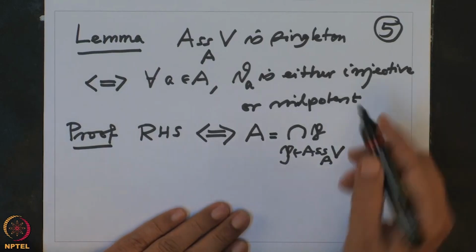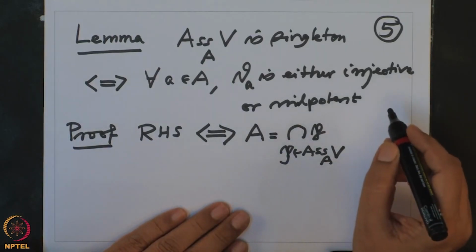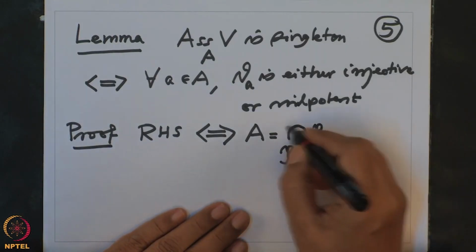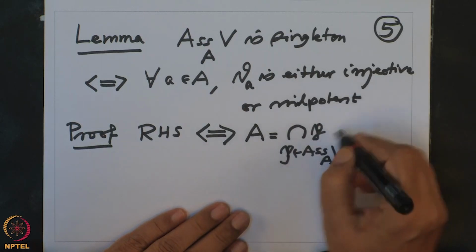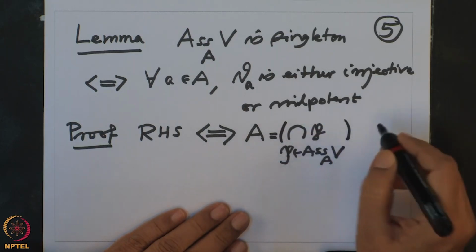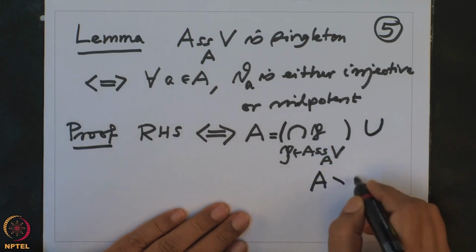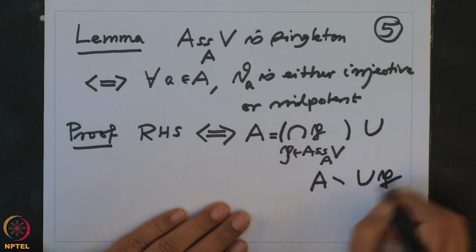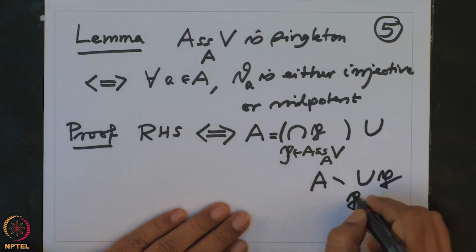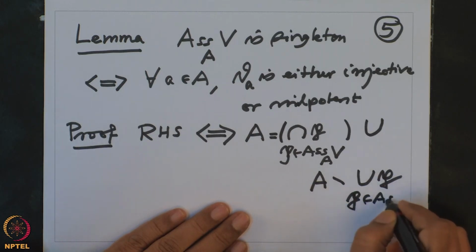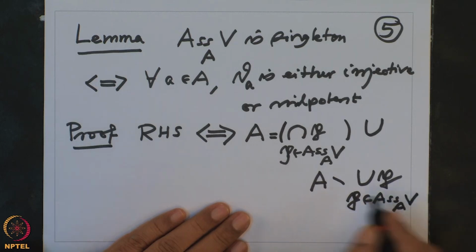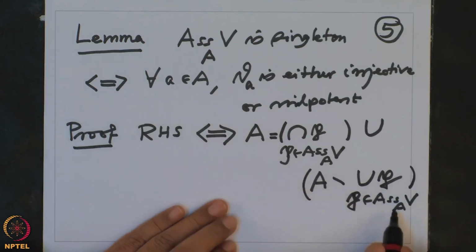So this is injective means, union, let me write it below here, union A minus union P, P varies in associated primes of V. That is precisely the definition of the associated primes.